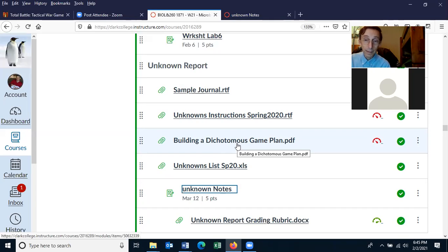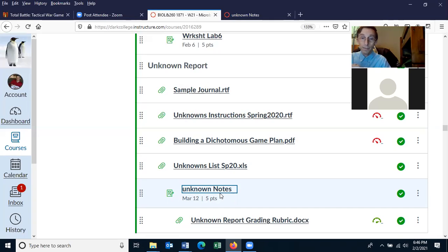And they're not really emails, because what you're going to be doing is you're going to be writing your notes in your unknown notes, and then you're going to be asking for a test in your unknown notes. So at the end of the day, you submit what work you did and what your notes are and what you're thinking and what your possibilities are, meaning the possible species. And then at the end of that, you say, I would like to do this test next. And then I'll come and take a look at it and see that you need to do that test.